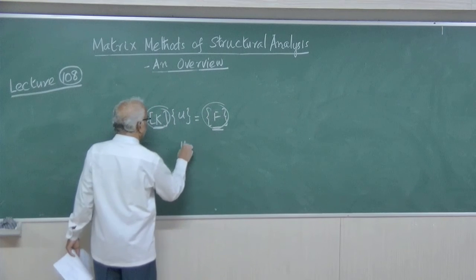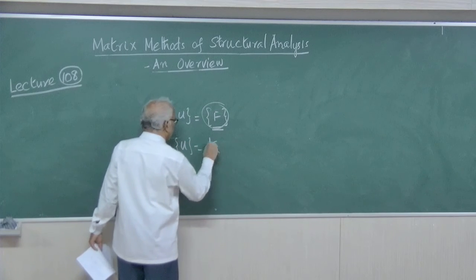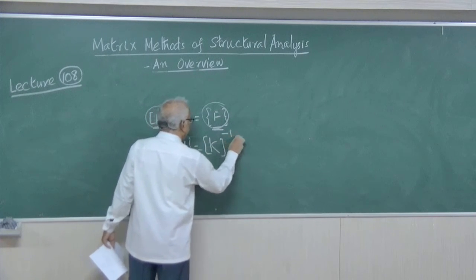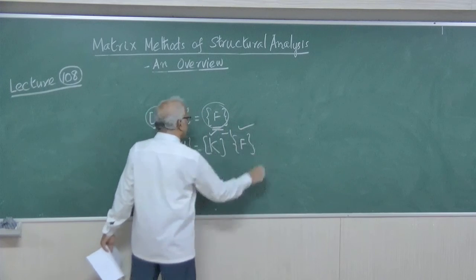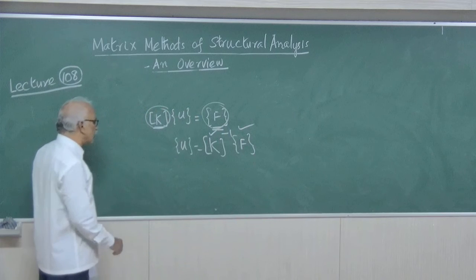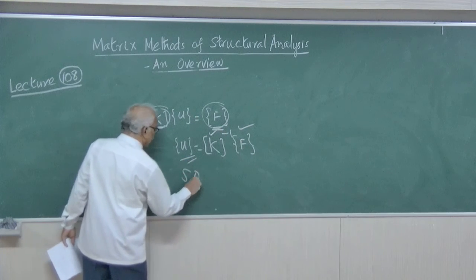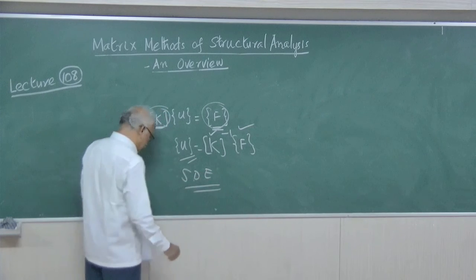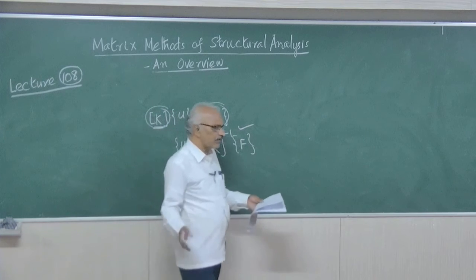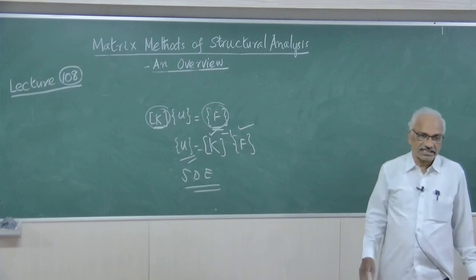U are the unknowns, U equal to K inverse into F. Once these values are calculated from the basics that we know already, we can get the displacements. Using the slope deflection equations, we can get the moments. I think that introduction will be sufficient for the matrix stiffness method.